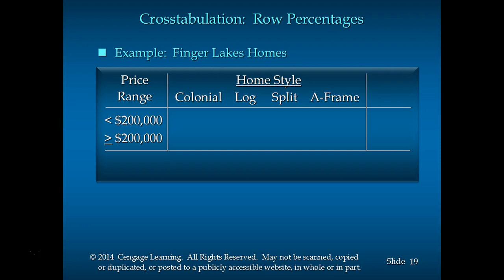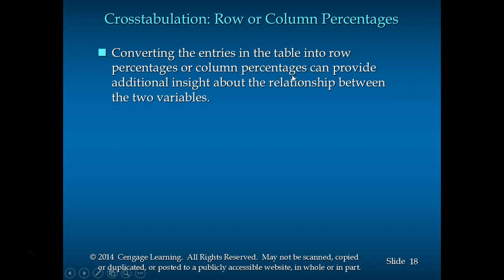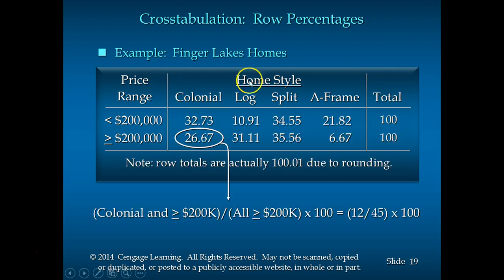Now you want to convert into percentages. Here there is row percentages. And basically, what is the idea here? According to the row, it's going to add up to 100.